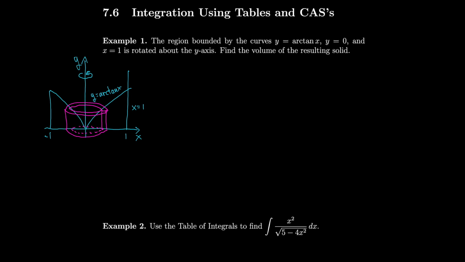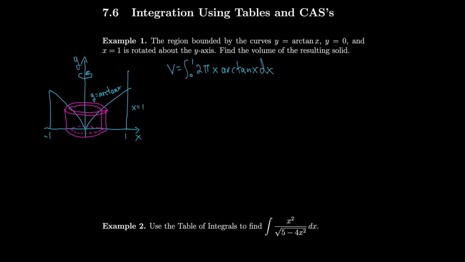Notice that the radius of the shell is the x value going outward, and the height of the shell is the y value, which is going to be arctangent x. So the volume of our solid of revolution is the integral from 0 to 1 of 2 pi times the radius x times the height arctangent x.